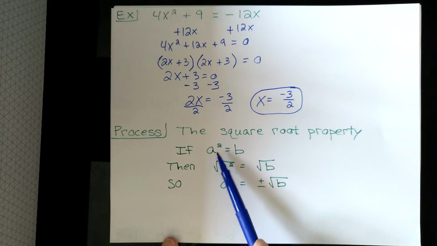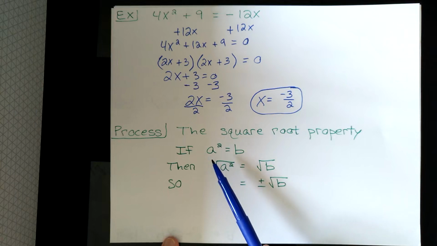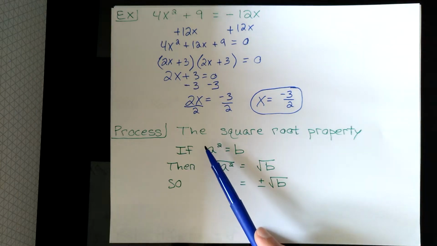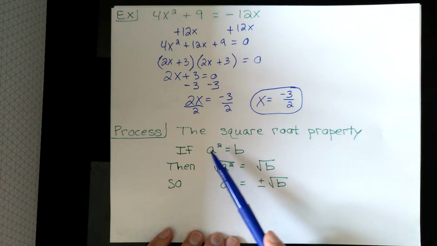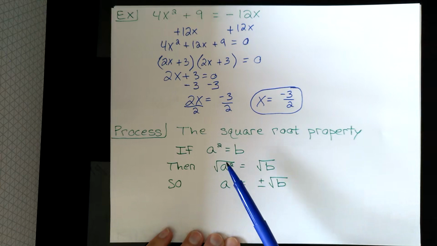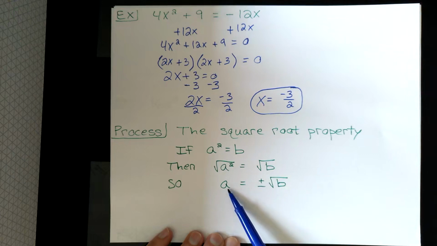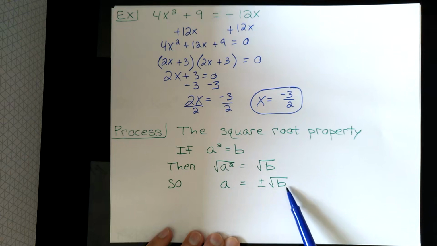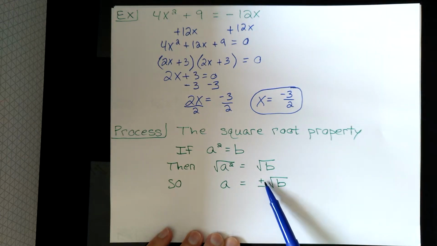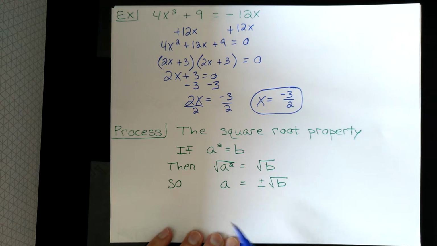Remember, when you square anything, you get a positive answer, but that doesn't necessarily mean you started with a positive answer. You could have started with a negative, and that square canceled off the negative. So you have to account for the fact that there could be two answers here because of that square. So we have to say a is equal to plus or minus the square root of b. Two separate answers because we started with the a squared.